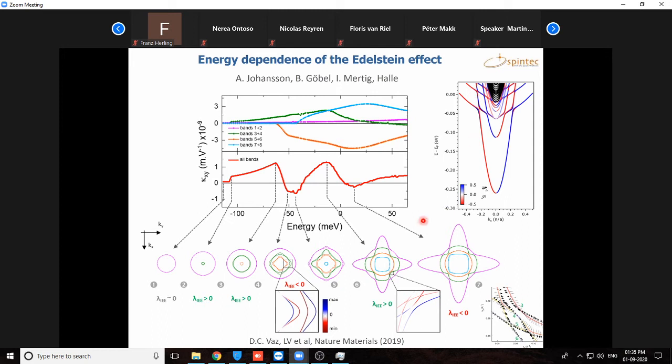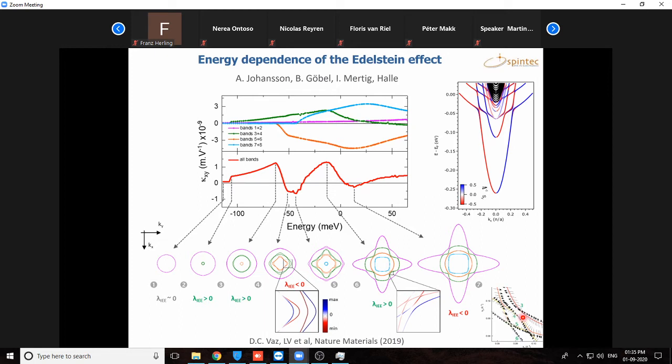And one very interesting point is that at this anti-crossing point, it is not that we have a maximum of the conversion. The maximum of the conversion is due also to a complex chirality of the bands, and especially on one Fermi contour, one chirality has a large polarization, while the other counterclockwise chirality has a vanishing polarization.